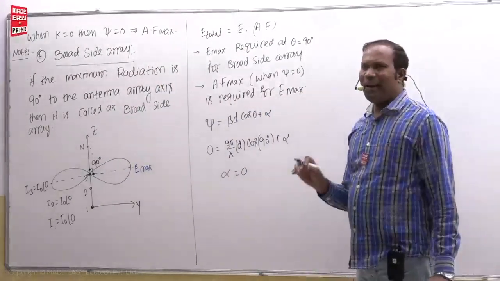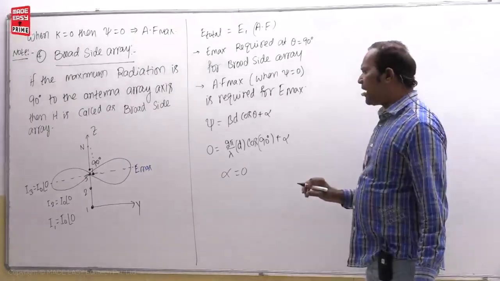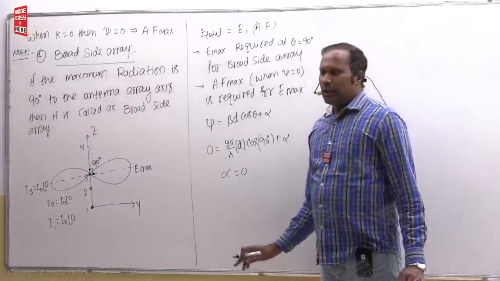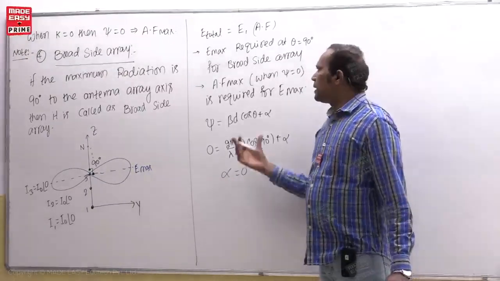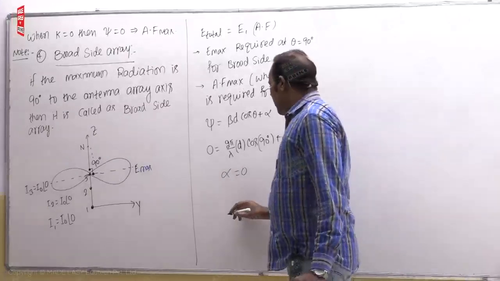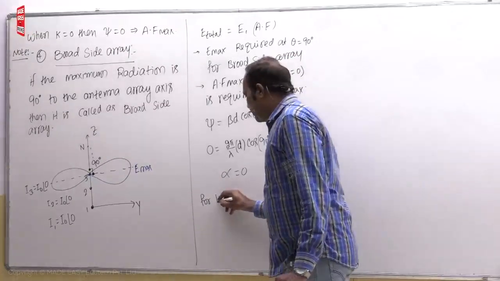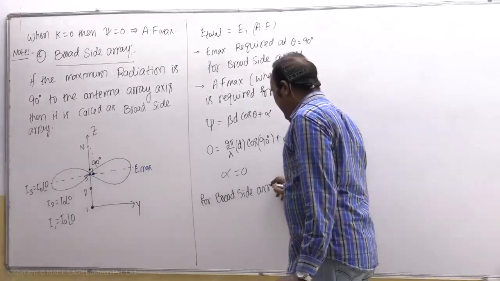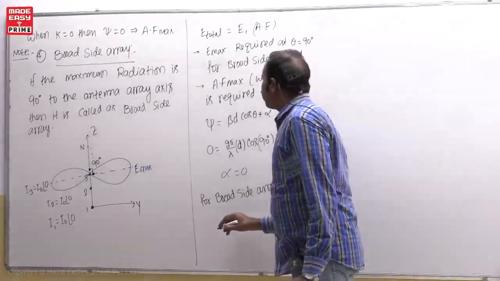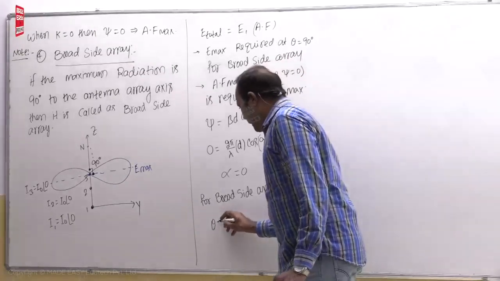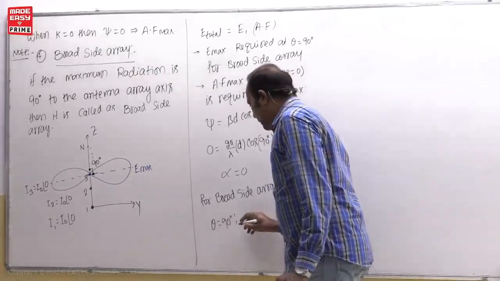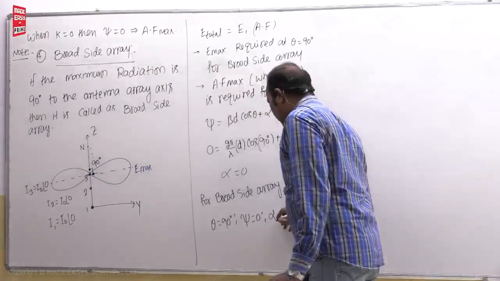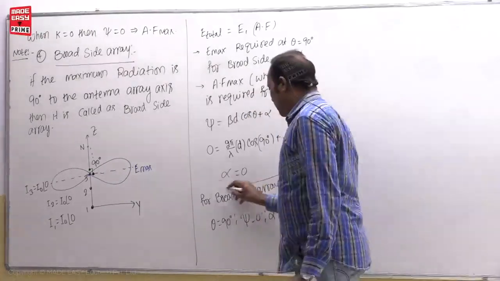Design means what should be the alpha value. Alpha should be 0 for this. So, dear students, for final conclusion, for broadside array, theta is 90, then alpha should be 0.